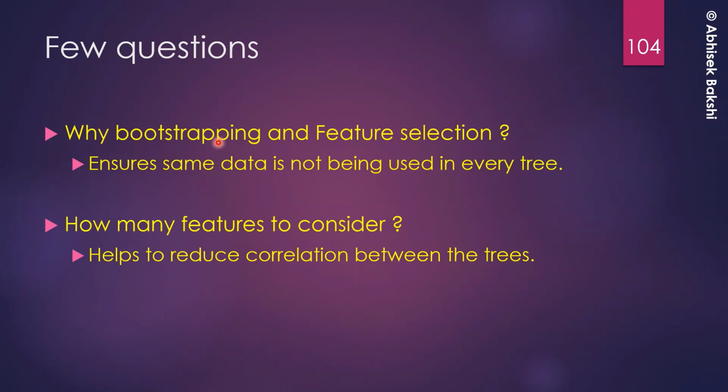If we have different features, the tree structure will be different, and there will be very little correlation between the trees. So the data learning will be much more generalized. Even if you have some outlier in the data set, that outlier will not affect the learning of the tree, and you will not see any effect in the result.